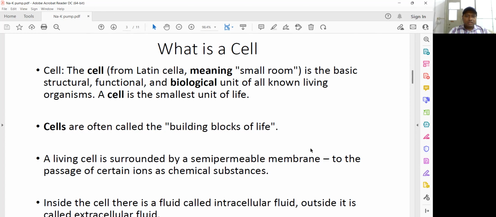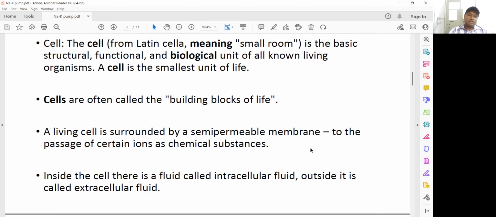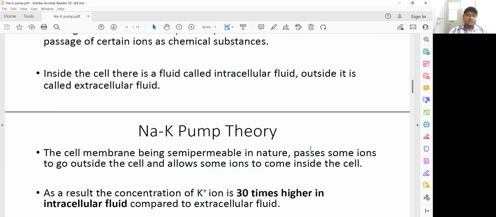A living cell is surrounded by a semi-permeable membrane, which I have already discussed in the previous slide, allowing passage to certain ions and chemical substances. That is why some ionic concentration is maintained from inside to outside. Inside the cell there is a fluid called intracellular fluid, and outside it is called extracellular fluid.